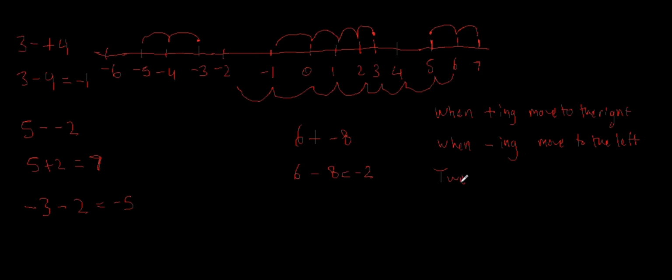Two negatives give a positive. A positive and a negative gives a negative. So these are the rules in directed numbers, and I hope you all understood what I was trying to explain here.